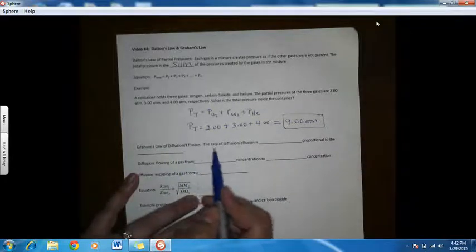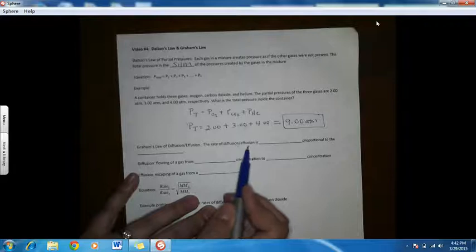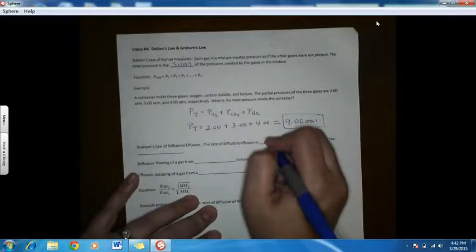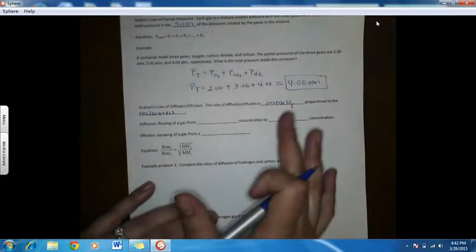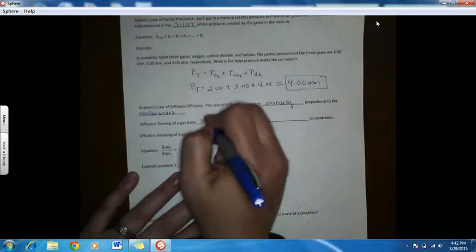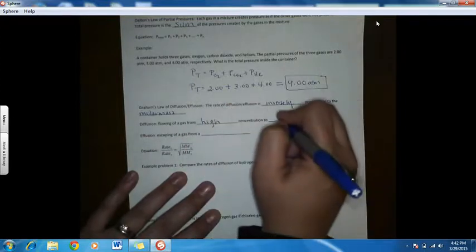Graham's law of diffusion and effusion states that the rate of diffusion or effusion is inversely proportional to the molar mass. Technically, it's inversely proportional to the square root of the molar mass, but just knowing that it's inversely proportional to the molar mass is fine. Diffusion is the flowing of a gas from a high concentration to a low concentration.